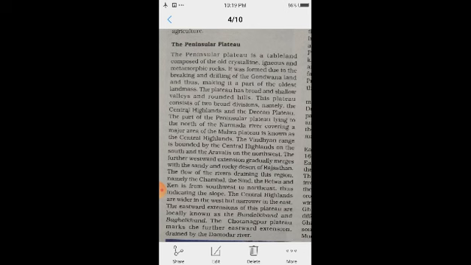The further westward extension gradually merges with the sandy and rocky desert of Rajasthan. Further westward extension, कहाँ extension हो रहा है? Westward, and this merges with the sandy rocky desert, from where? That is Rajasthan.